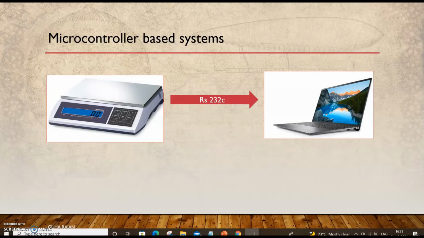Some digital weighing balances can also send the weighing signals to the computer, and that is where protocols come in. The RS-232C interface can send the data to the computer. You would have seen in the retail shops where they use the balance to send the weight, and then they have application software that will multiply the quantities.